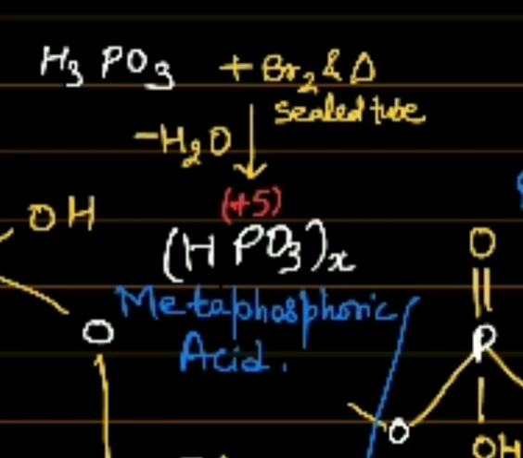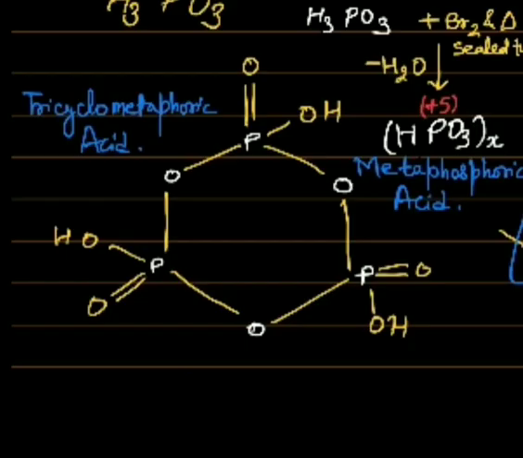So how is this metaphosphoric acid prepared? Dear students, when phosphorus acid, whose formula is H3PO3, is reacted with bromine and heated in a sealed tube, then we get metaphosphoric acid.